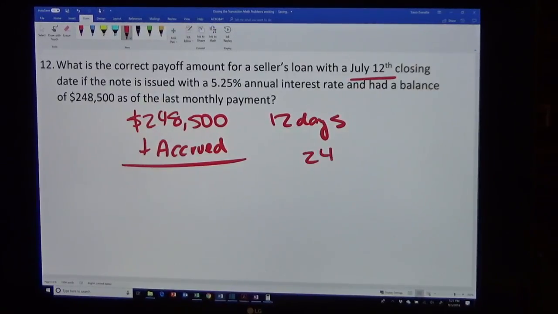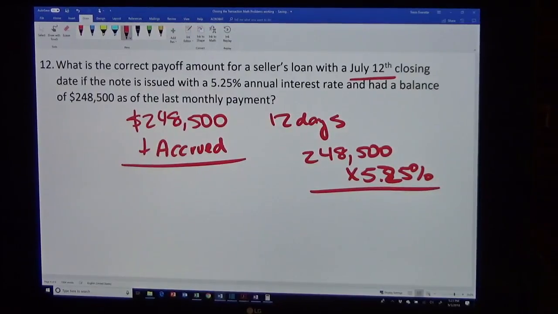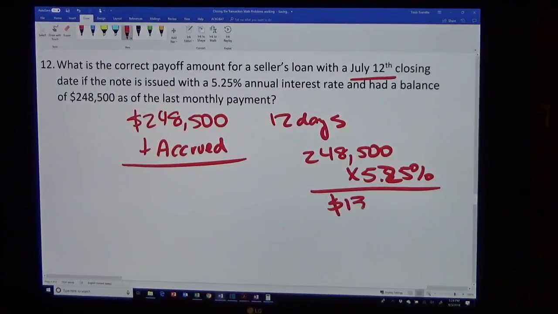So $248,500 times 5.25% annual interest is $13,046.25 per year.